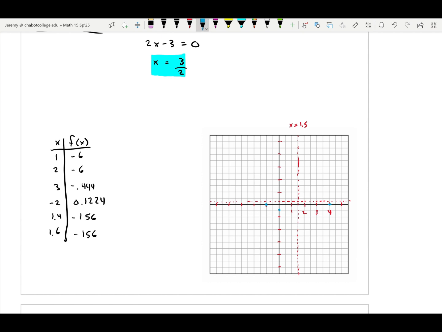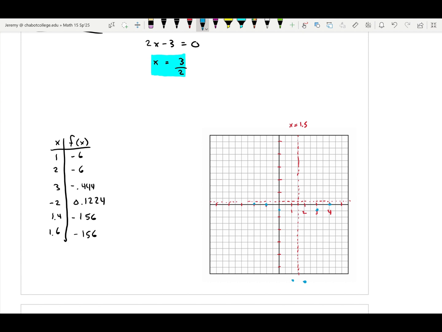So let's plot these points. 1, -6, that is a little off the graph, it's just right there. 2, -6. I have 3, -0.44, so right about there. What else do I have? -2, just a little bit above the x-axis.